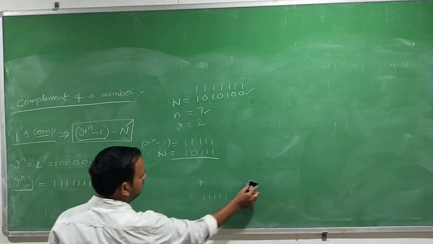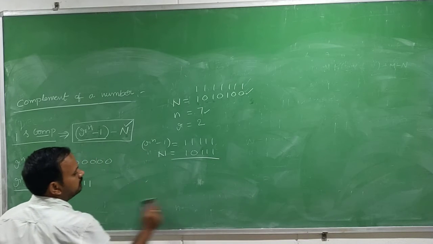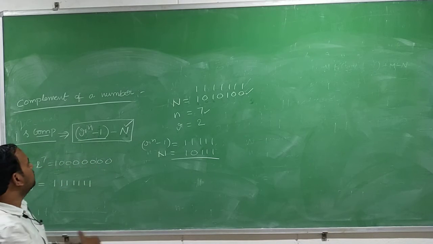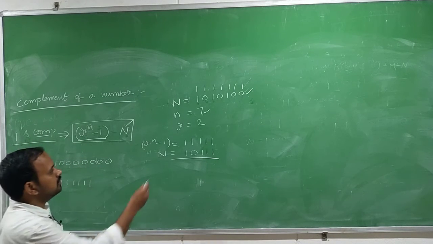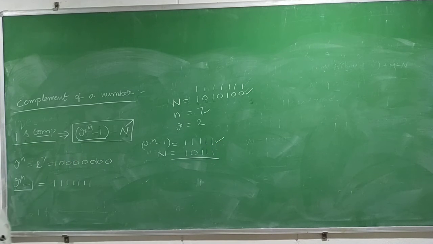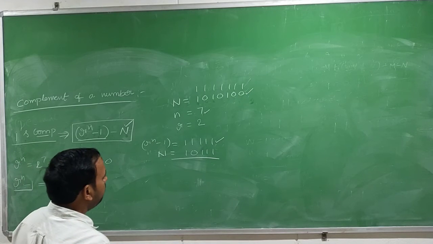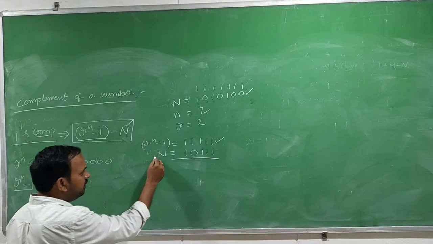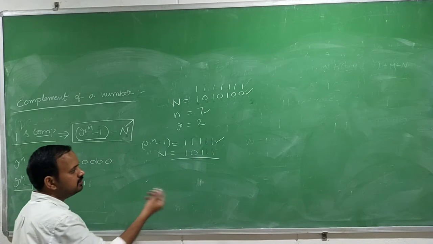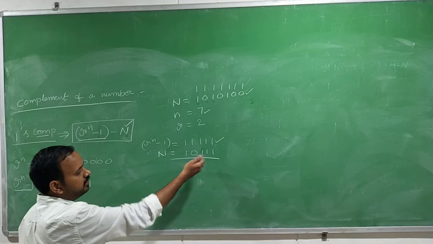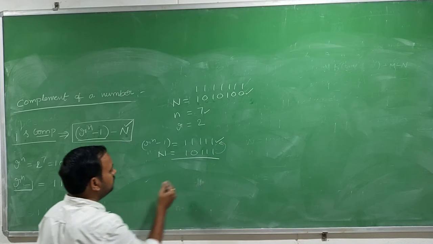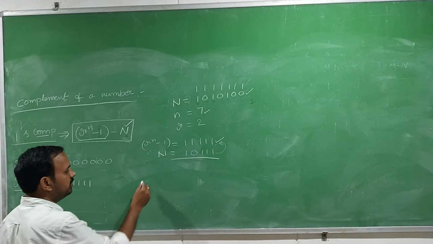So the essence is, in ones complement you are always subtracting the given number from ones. Normally the given number contains only ones and zeros. So you are always subtracting from 1, which means you will have only 2 possible cases.